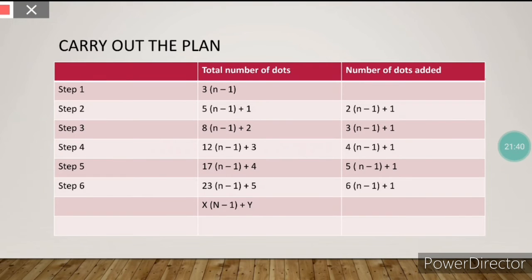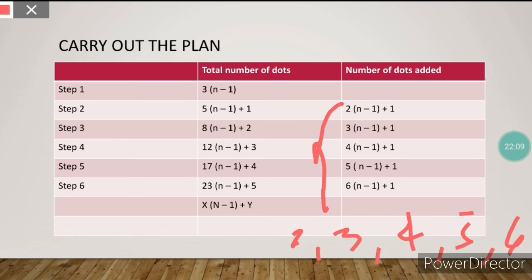And it shows here that from the second term up to the last term, the total number of dots added, or the total number of (n − 1), is a series of sequence, wherein these are 2, 3, 4, 5, 6, and so on.